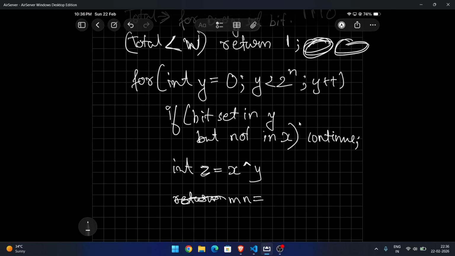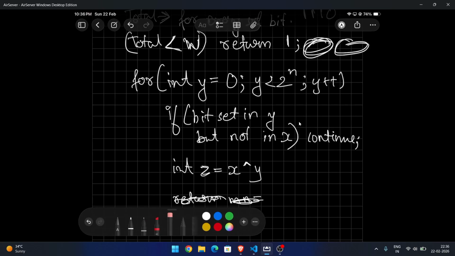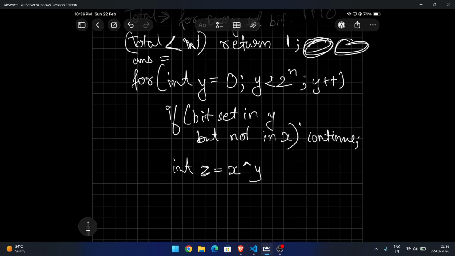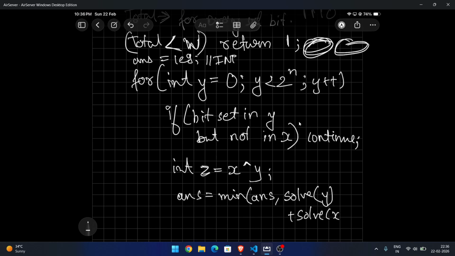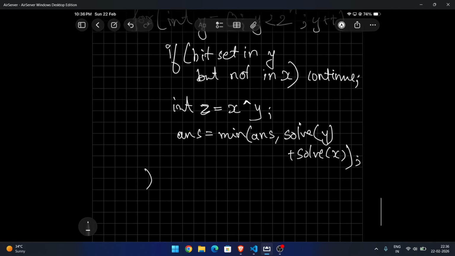Sorry, let's say the answer would be the minimum of every possible state, of solve for y plus solve for x. And at last, we would return the answer.